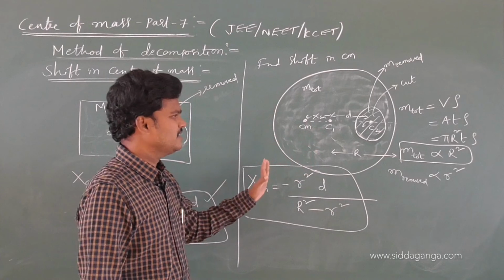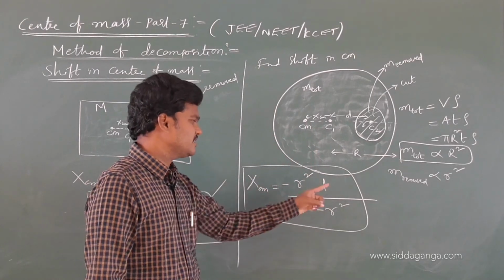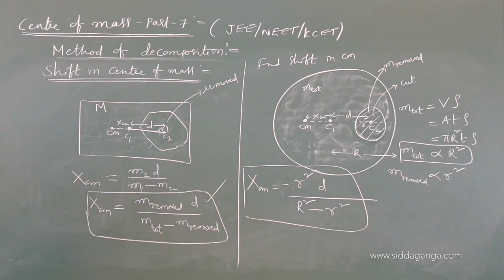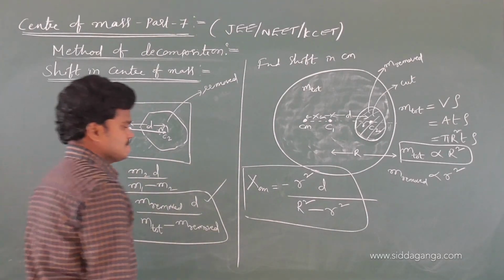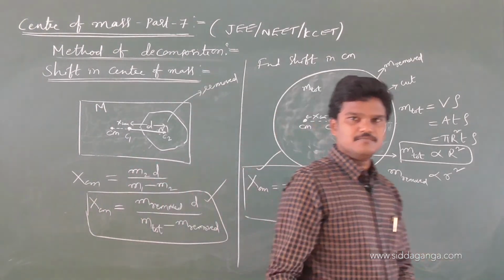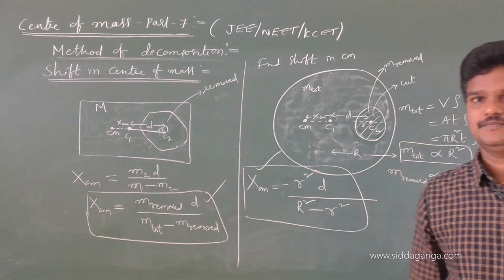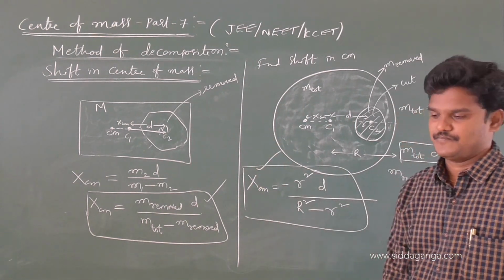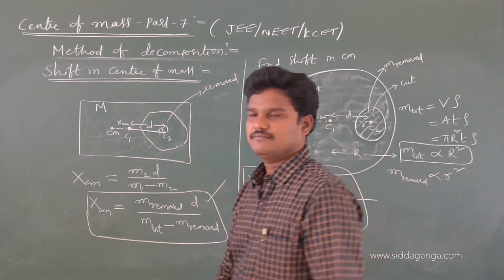But this is the easy way to identify the answer, r square d by R square minus r square. Every time I write positive symbols, but the original answer is negative, because it shifts to the left side, opposite side, so it's negative.